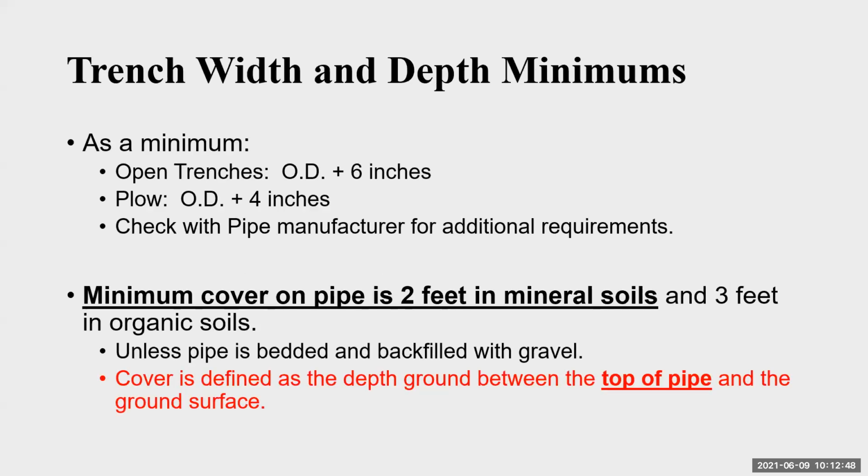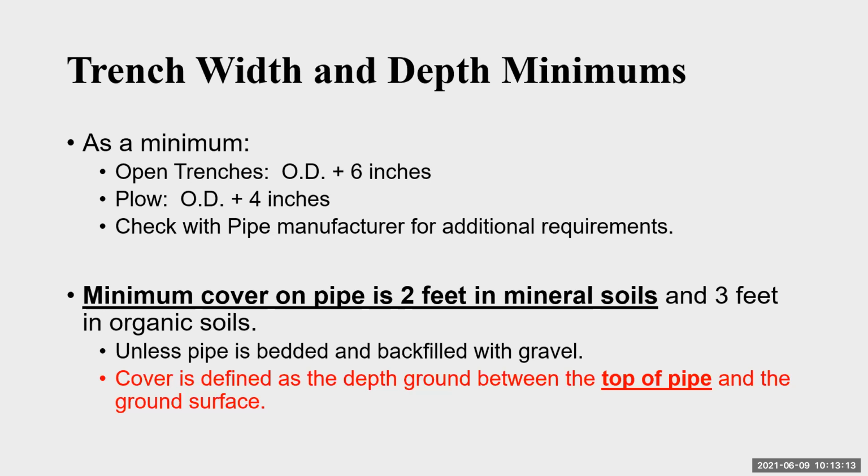First one I want to talk about is the trench width and depth minimums. And I'm talking about typically when you excavate or you put in a plow as well. You generally want about 6 inches outside of the pipe, and that's the outside diameter. Now when I say a 6-inch pipe, that's typically the inside diameter.